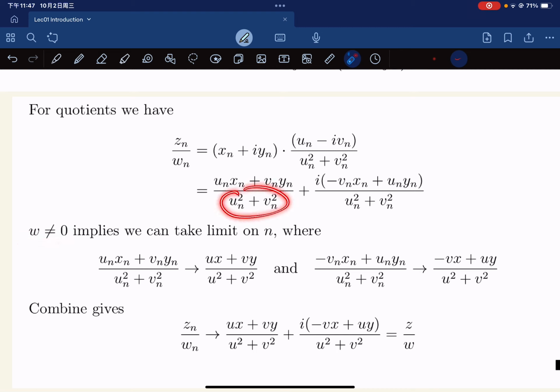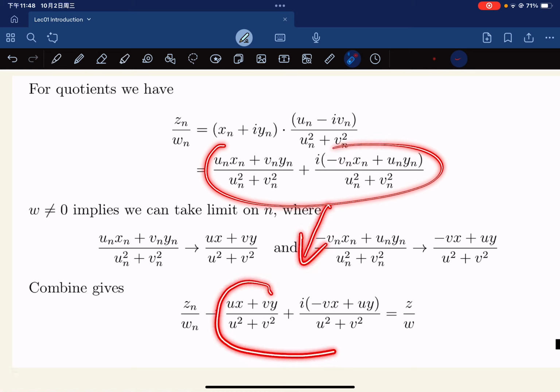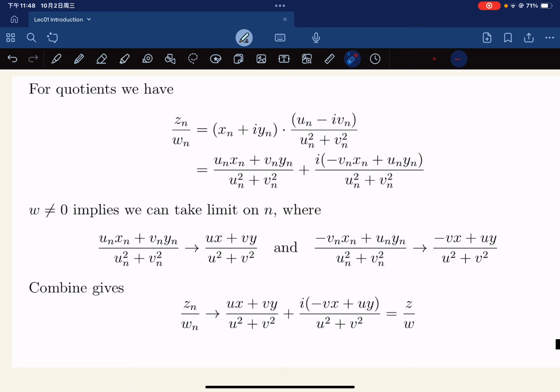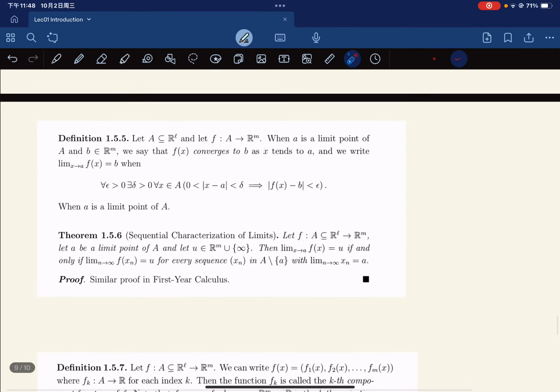So they are not 0, right? So we can take the limit on n, where this converges to this and this converges to this, right? So combined this thing converges to this, which is Z over W, right? Okay.